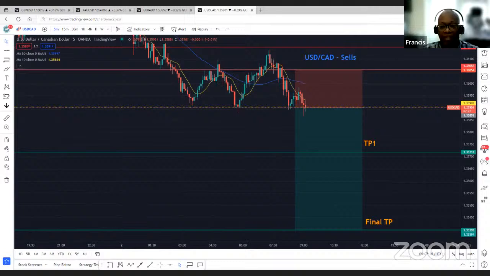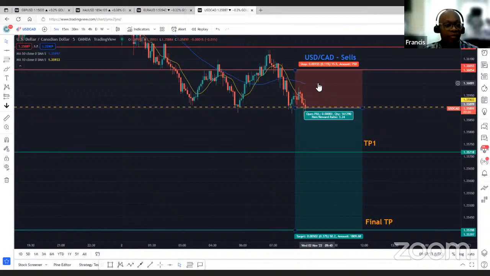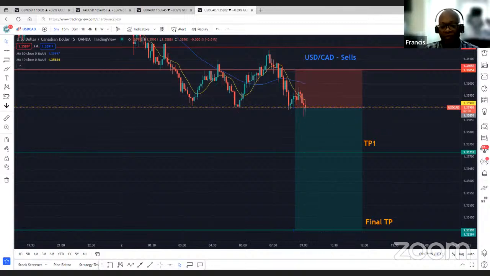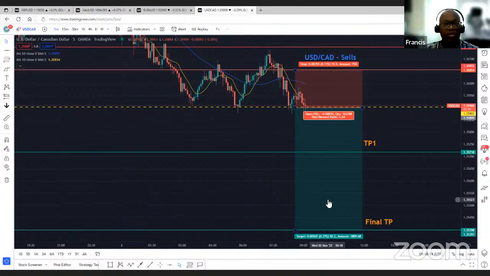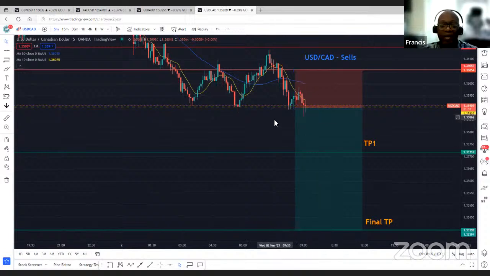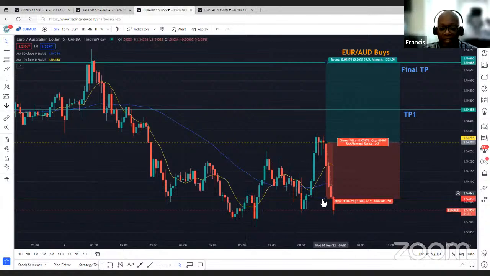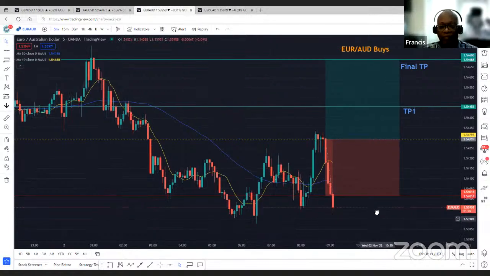We have a smaller risk on here, but I believe we should be fine. I believe this will be dropping for us. Depending on how far it goes, it might make up for this loss.